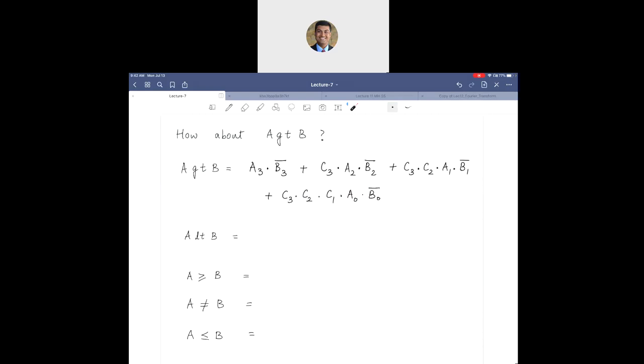Well, if it is not A equal and not greater, then it has to be A less than B, right? A equal to B or A greater than B, complete thing is complemented. So that means it's a NOR gate.